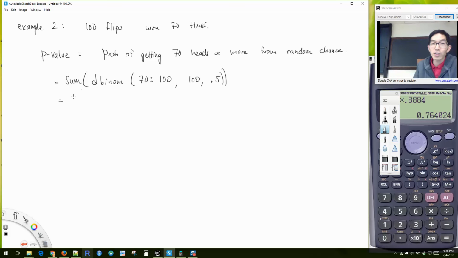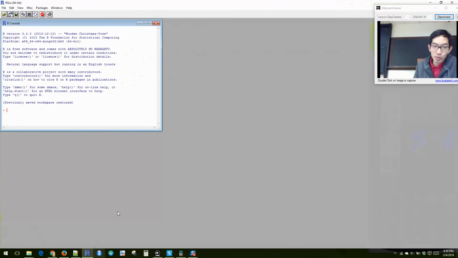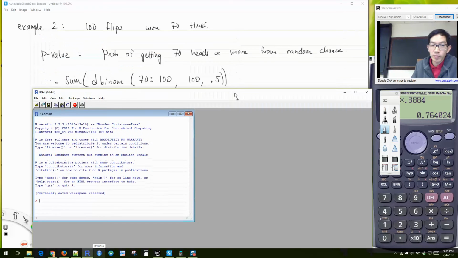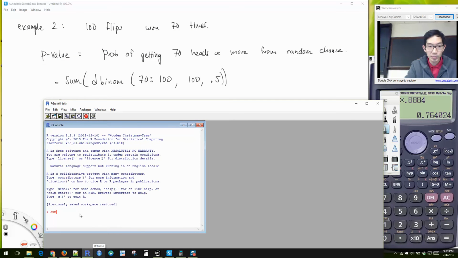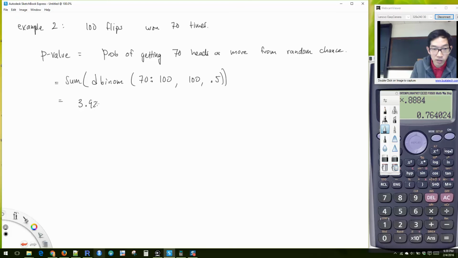Is that okay? So what do you think this number is going to be? It's going to be really small, right? We can try it. So sum of dbinom 70 through 100, based on 100 flips, probability 0.5. I have 3.925 times 10 to the minus 5. So if I move this over 1, 2, 3, 4, 5, this would be 0.00003925.